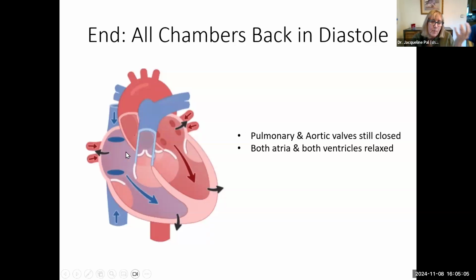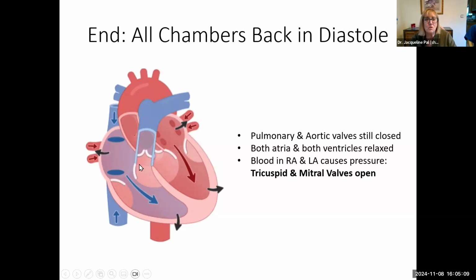So the pressure in the atria is going to open the tricuspid and mitral valves. So even though now we have the pulmonary and aortic valves closed, we are opening the tricuspid and mitral valves, and so blood is going to rush into the ventricles from the atria.